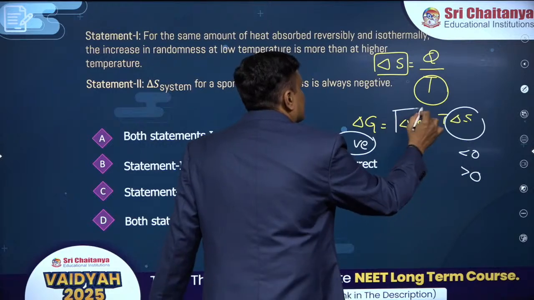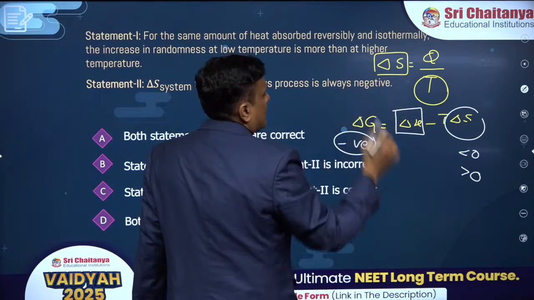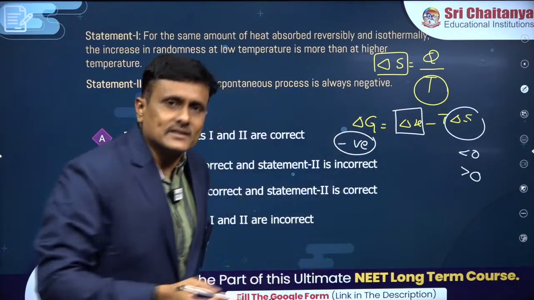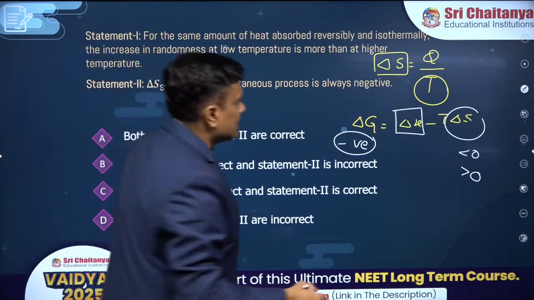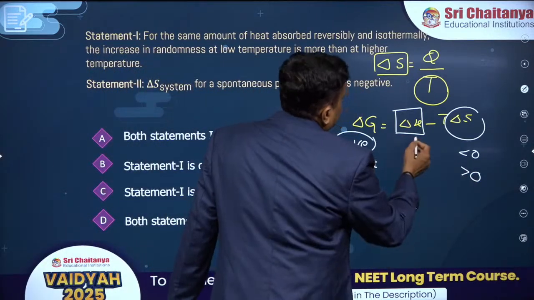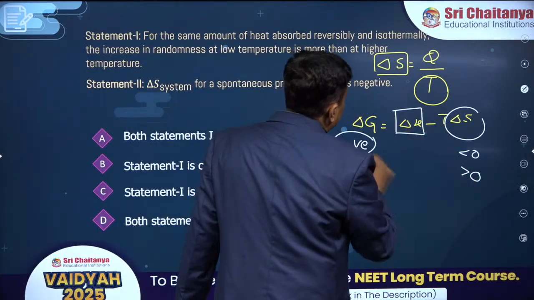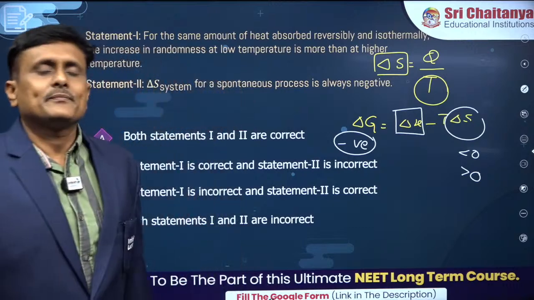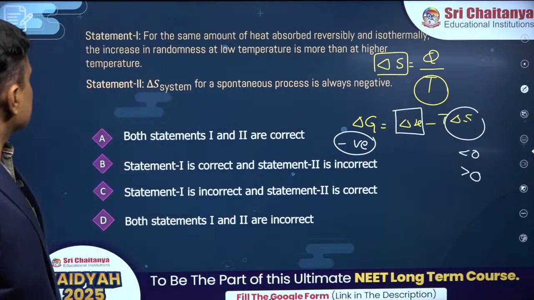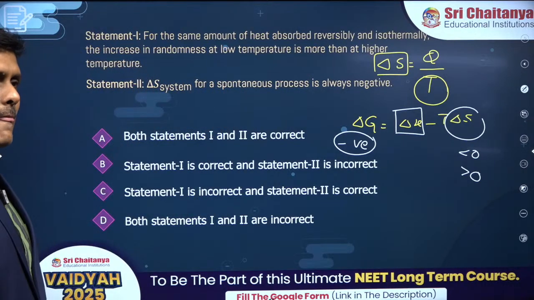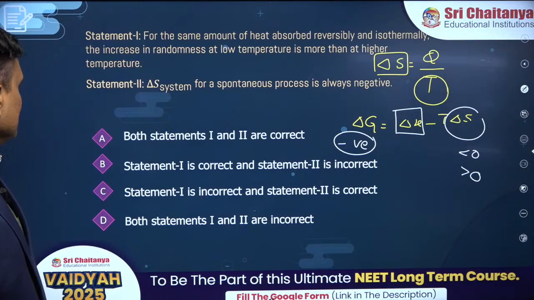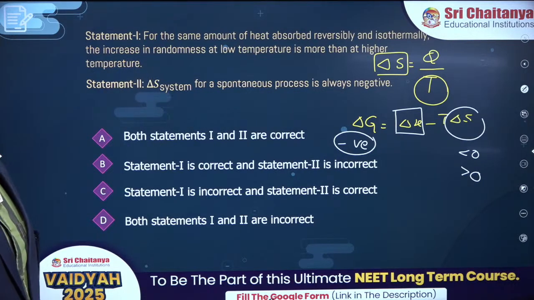Depending upon the sign of delta H also, this delta G varies. So if delta S is positive and delta H is positive or negative, even then delta G can be negative. So it looks like statement 2 is incorrect. Anil gave the answer. Statement 1 is correct, statement 2 is incorrect. B, Bhargav is right.